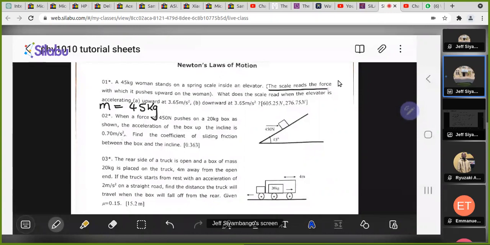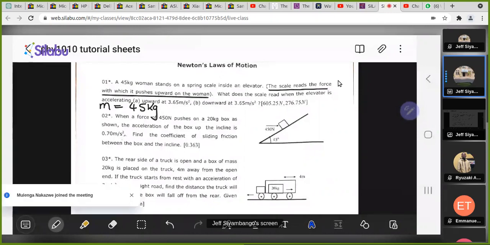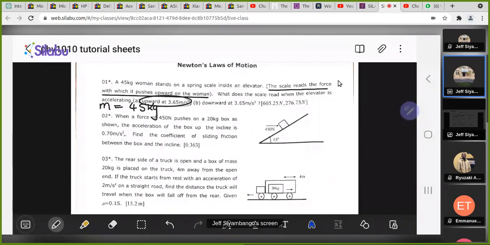So the next thing that we want to see is, what are they now saying? What does the scale read when the elevator is accelerating? And there are given conditions here: accelerating upwards, accelerating downwards, and just those two conditions. If the elevator is accelerating upwards, it means that acceleration is positive, and the acceleration is 3.65 meters per second squared.